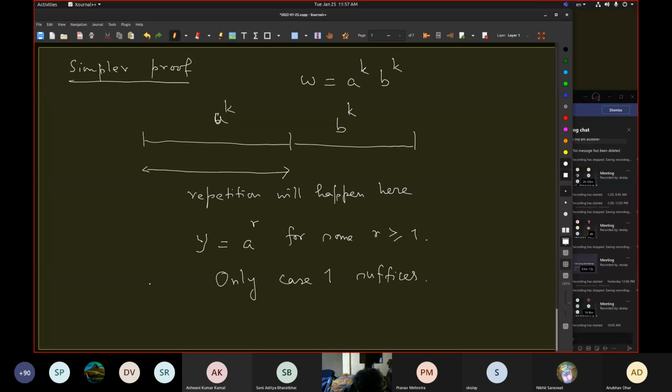In fact, this simplification suggests that if I feed to that hypothetical DFA any string of the form U, W, V, such that the length of V is greater than or equal to the number of states, then we'll have a repetition here.